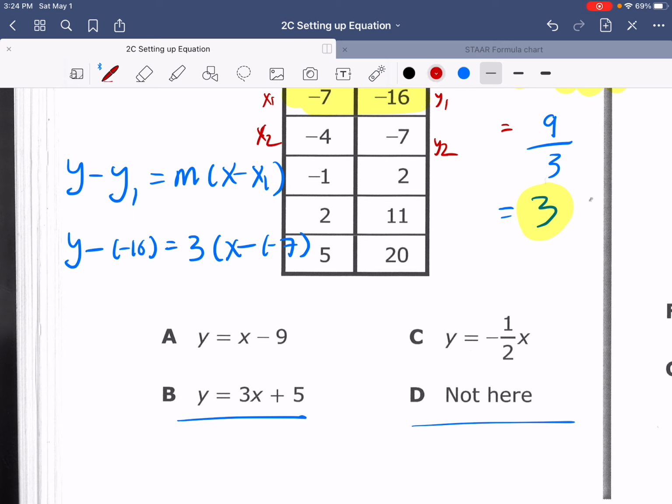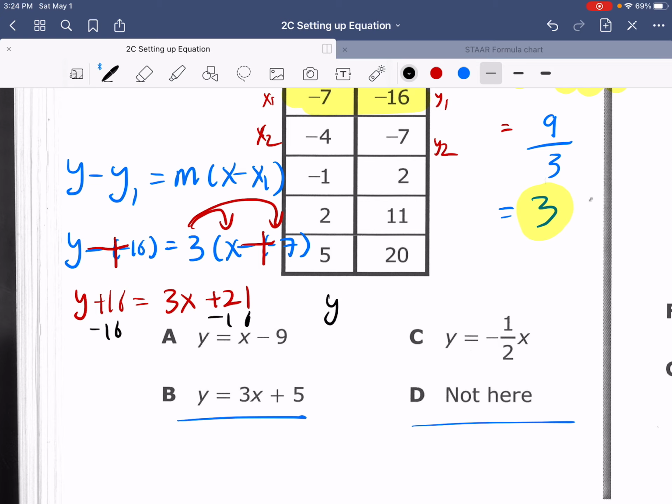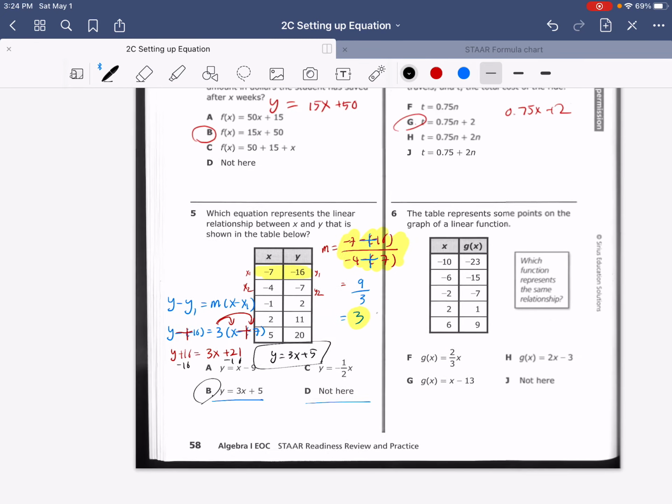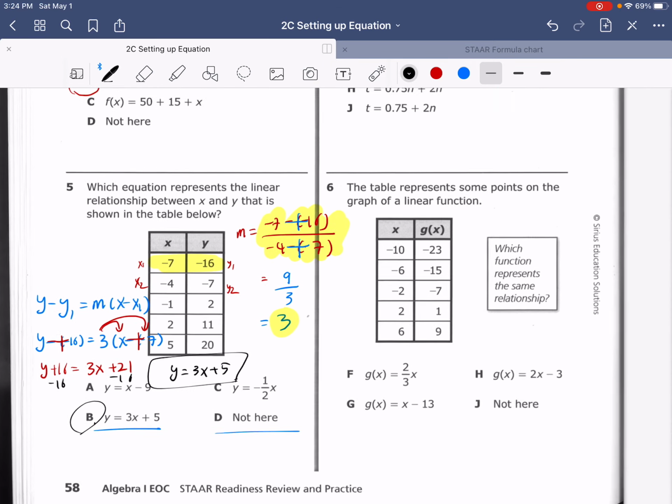So let's simplify this. This one becomes positive, this one becomes positive, so y plus 16 is equal to, let's distribute, 3x, 3 times 7 is plus 21. Minus 16 on both sides, you will get y equals 3x plus 5. We got it, B. So that's one way of doing it.